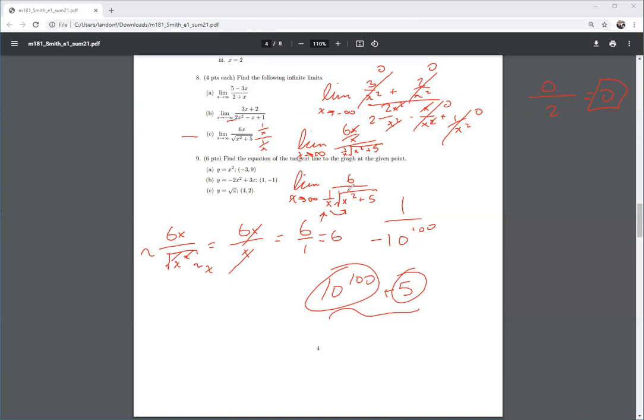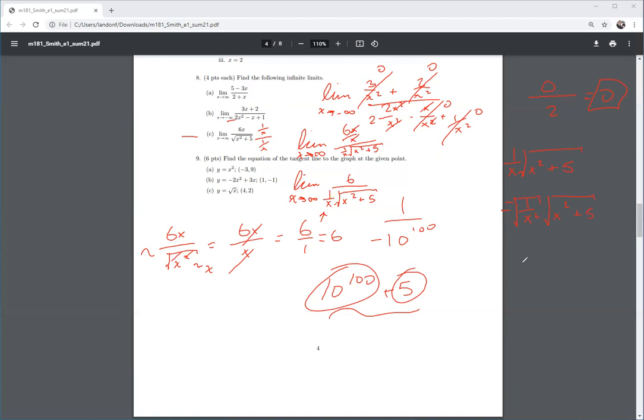Yeah, this one's kind of weird. So there is actually a trick you can do for this. Would you agree with me that 1 over x times the square root of x squared plus 5 is the same thing as the square root of 1 over x squared times x squared plus 5? Would you agree with me that these are the same thing?